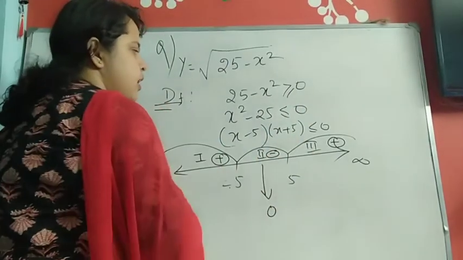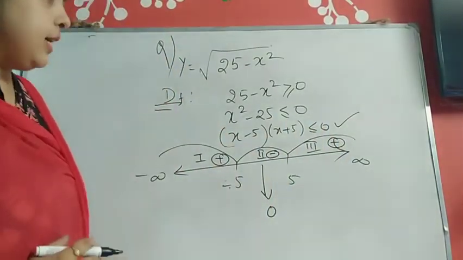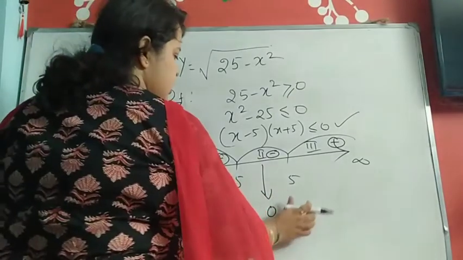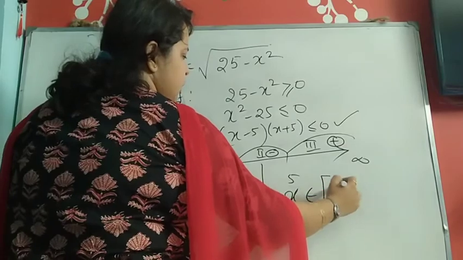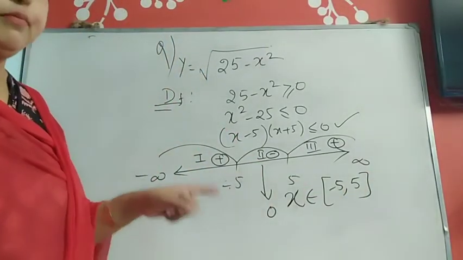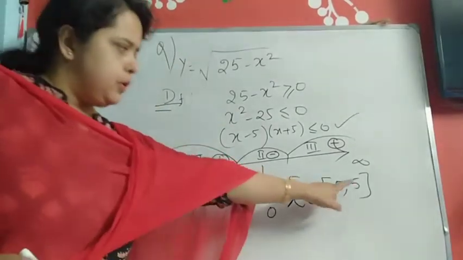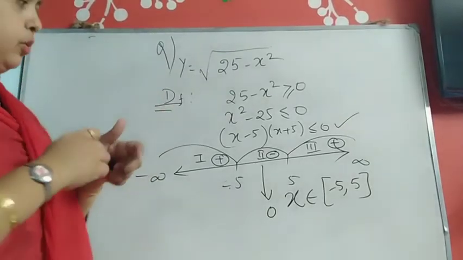What do I need here? We need a negative answer. In this particular interval, it is negative. So the domain, x, must belong to the closed interval minus 5 to plus 5. This is my domain. Okay.